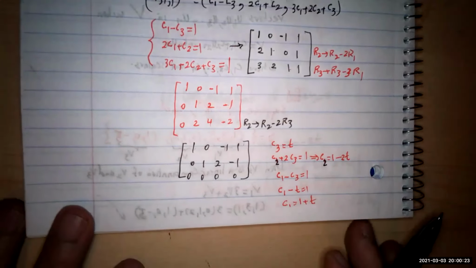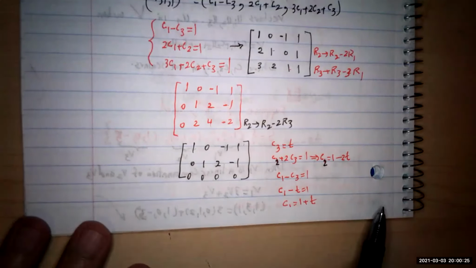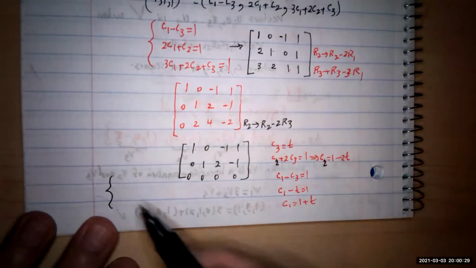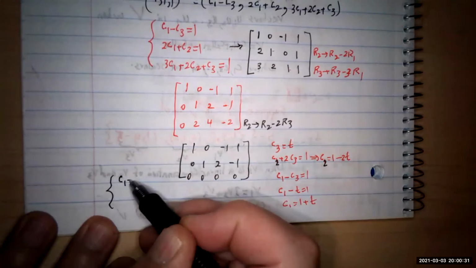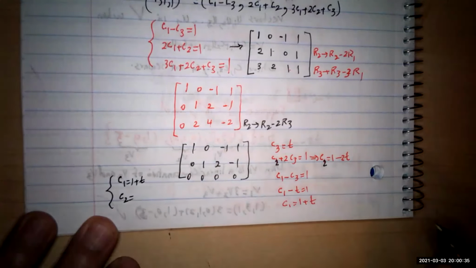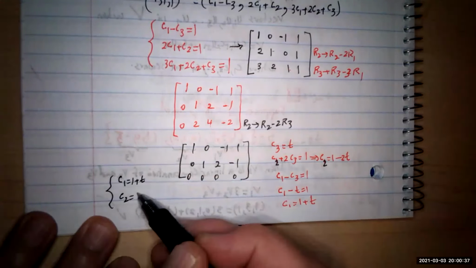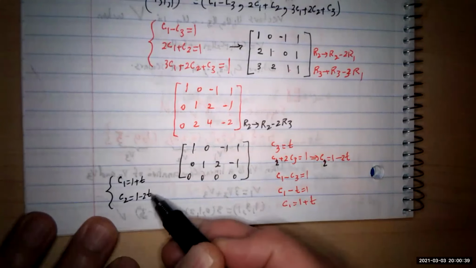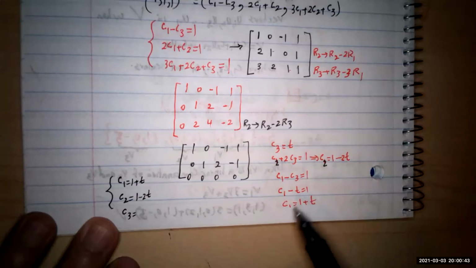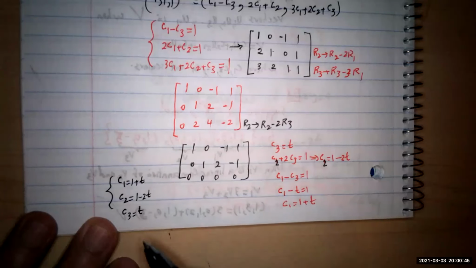Okay, so basically what we have, I put it over here. I have my C1, which is equal to 1 plus T, and I have the C2. Sometimes it's easier to solve it right away, but we are going to have some other easier methods in the future. Okay, this is it.